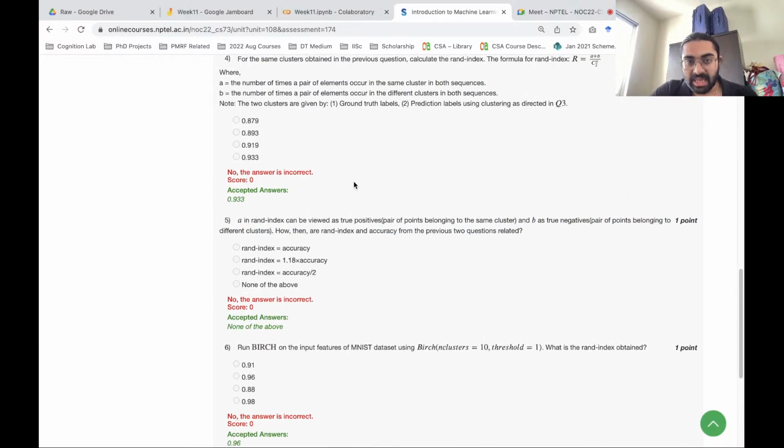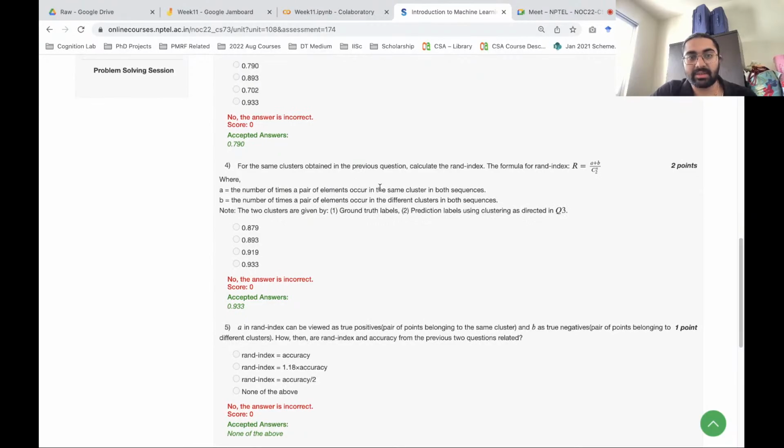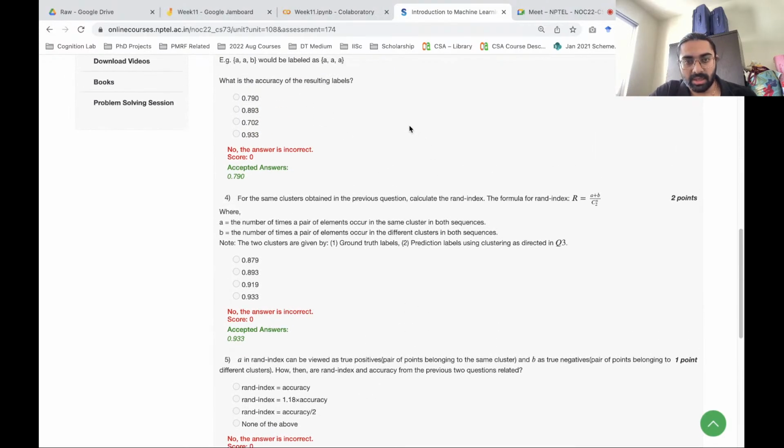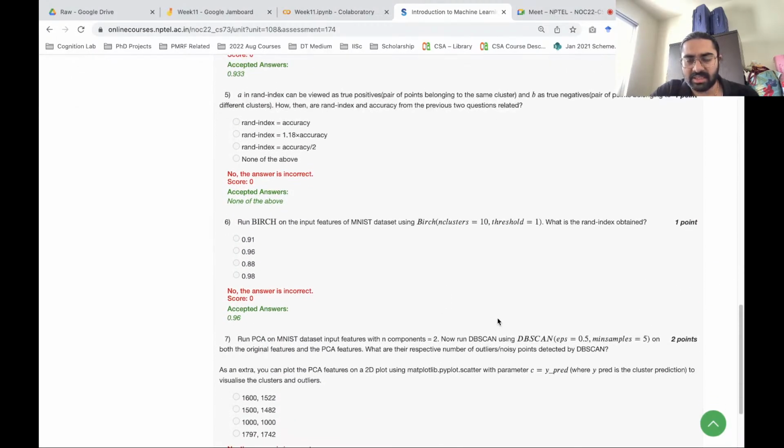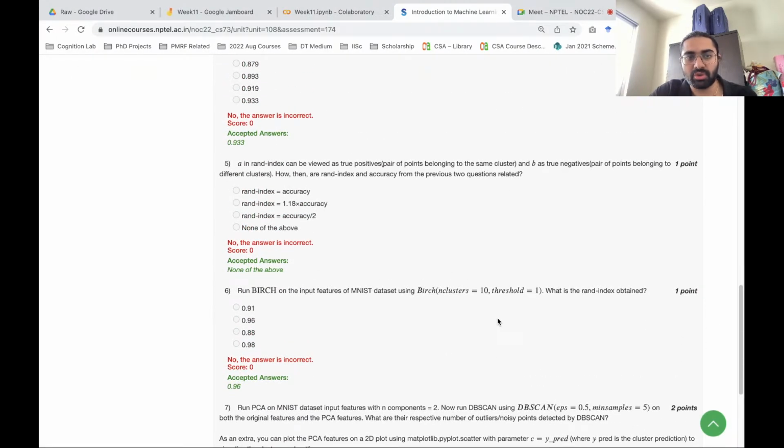There is no relation as such, because rand index works on pairs of elements, and accuracy is something different altogether. So whatever relation you get, they're all spurious. They just exist because these two are numbers. So you can always write a equals b into c, because a, b and c are numbers. So the right answer is none of the above.